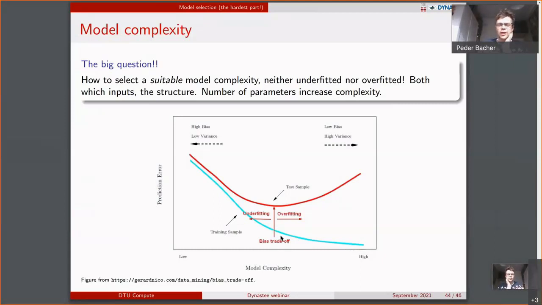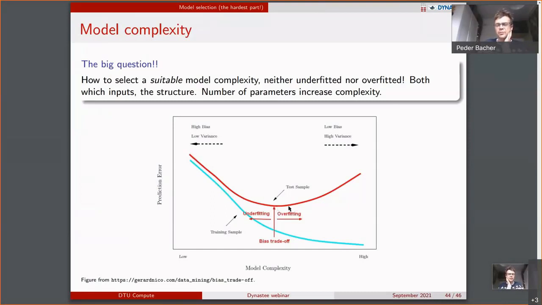There are different techniques, but one way of seeing it is to fit the model on some training data, and then do the prediction on test data. As we increase the complexity, the model is getting better, but at some point we will overfit the model to the training data.